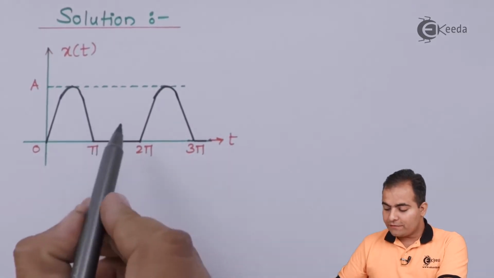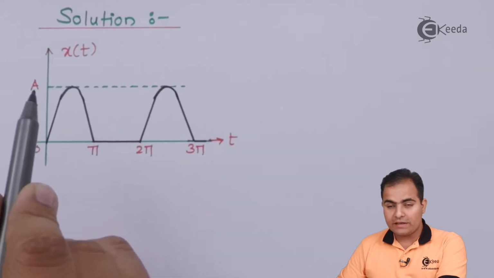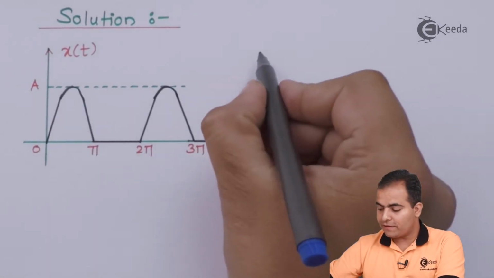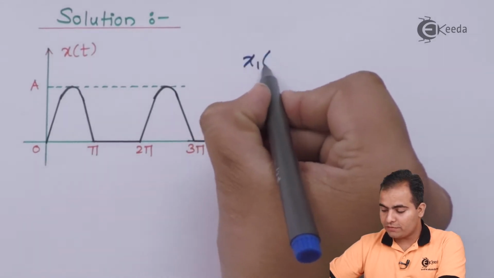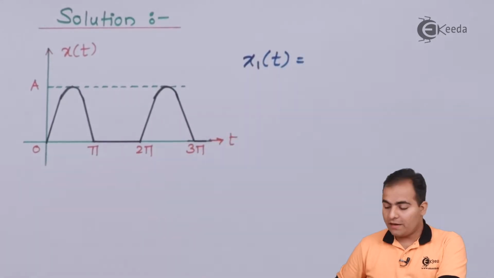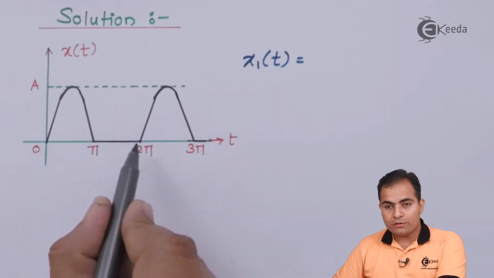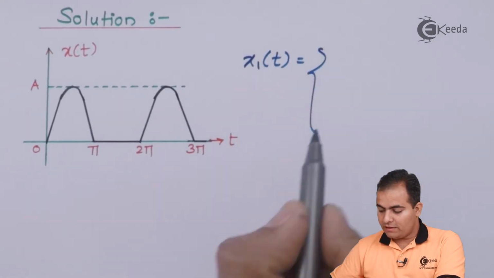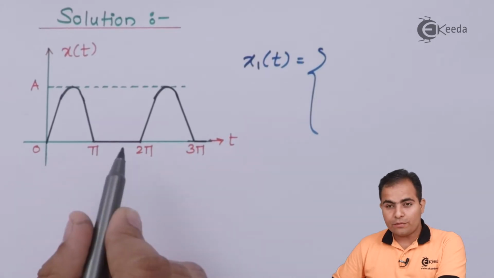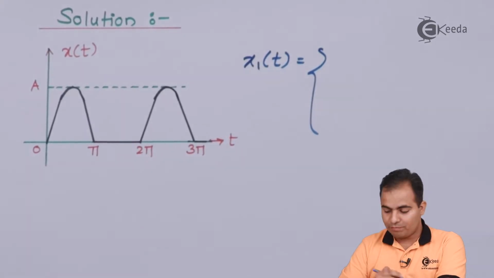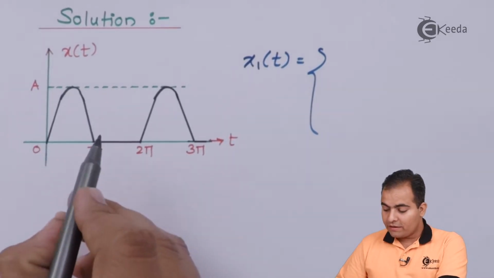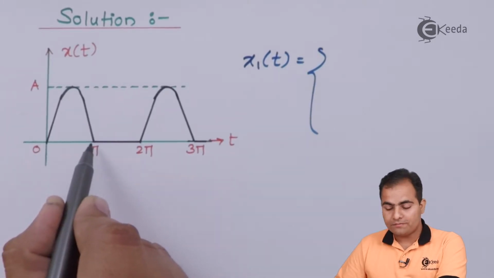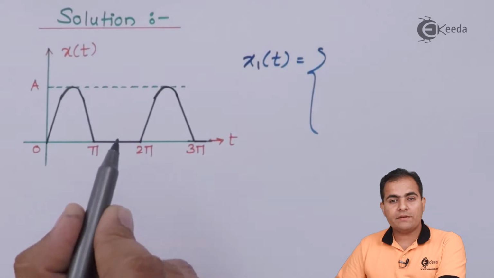So let's say the first period of x of t is represented by x1 of t, between 0 to 2 pi, which is a total complete period. In this complete period this function produces two different outputs. Basically it's a sine wave, but the sine wave is there only for half a period, and in the next half period the sine wave is absent.